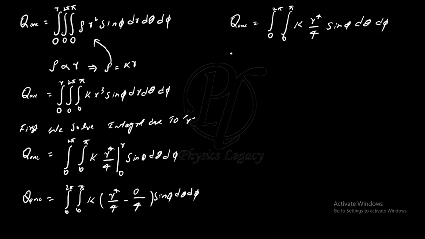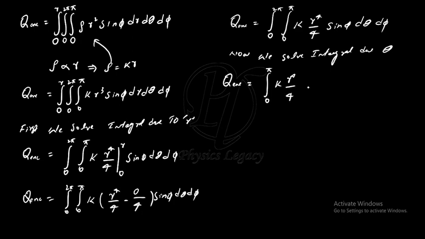Now we solve the integral due to theta. So Q enclosed equal to integral limits 0 to pi, k R to the 4 over 4 sine phi into theta with limits 0 to 2 pi, d phi.